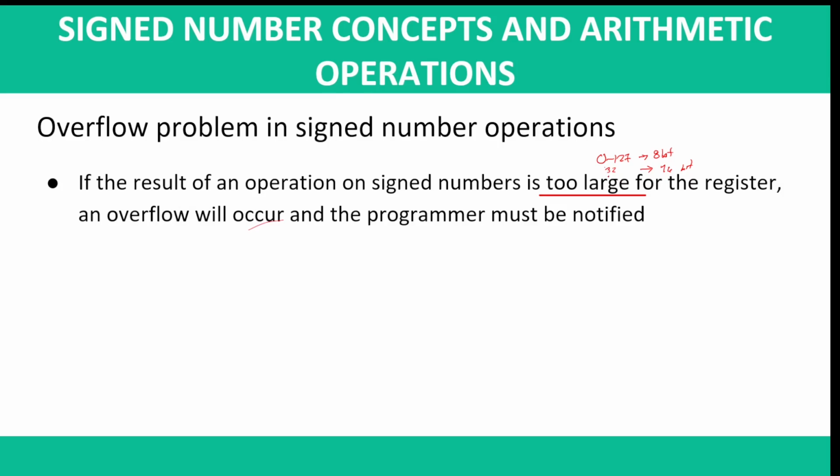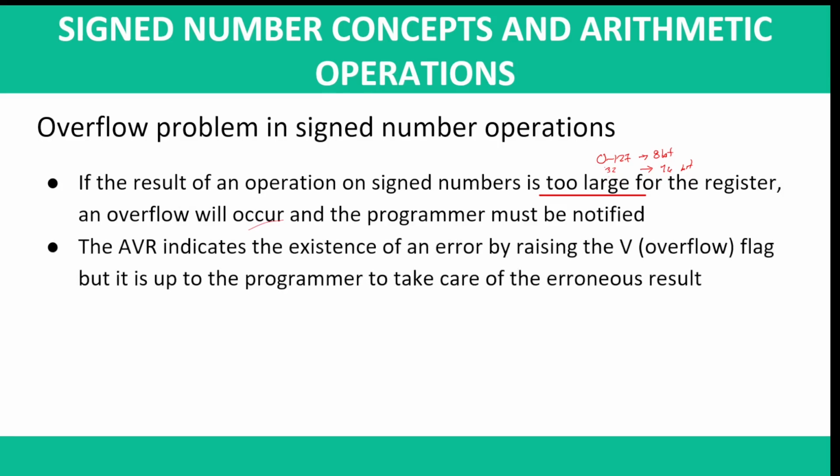But as you go along, kung pila ka bit ang imong gamiton, then the extent of overflow mas motaas pod. So the AVR indicates the existence of an error by raising the overflow flag, but it is up to the programmer to take care of the erroneous result. So if ever maabot siya og 130, lapas na siya sa 127.